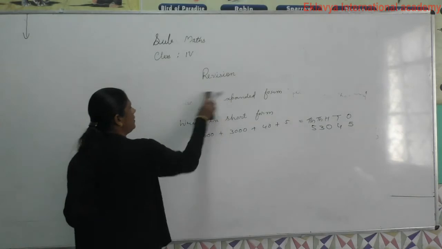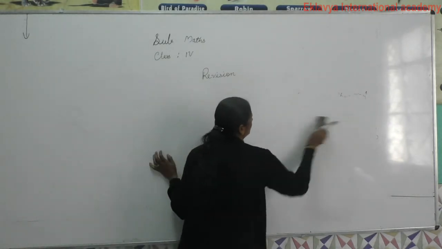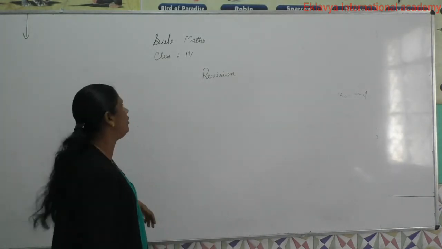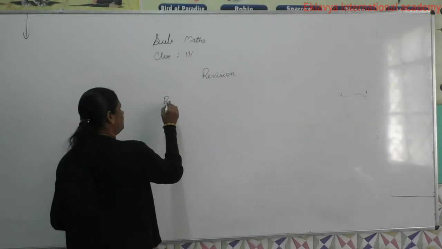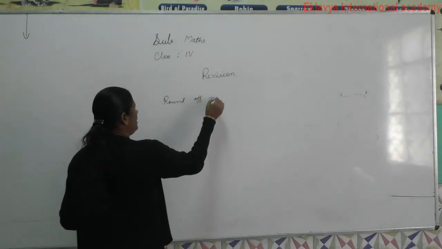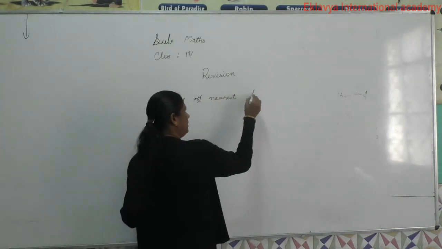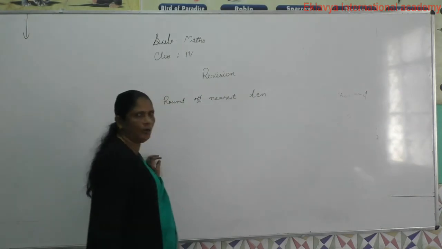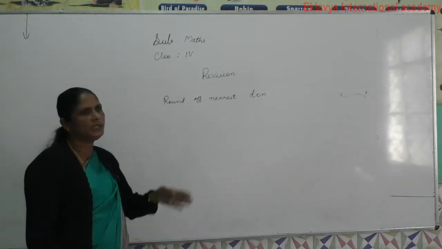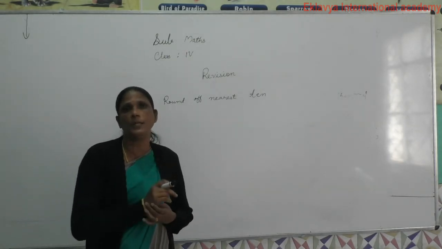Then next, round off nearest 10. Round off nearest 10, which place do we look at? Ones place.